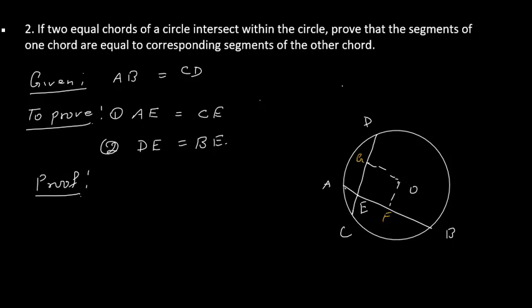So I will do a construction, meaning I have drawn this perpendicular, and I will join E and O. So in the proof, let us first write the construction, what we are doing.